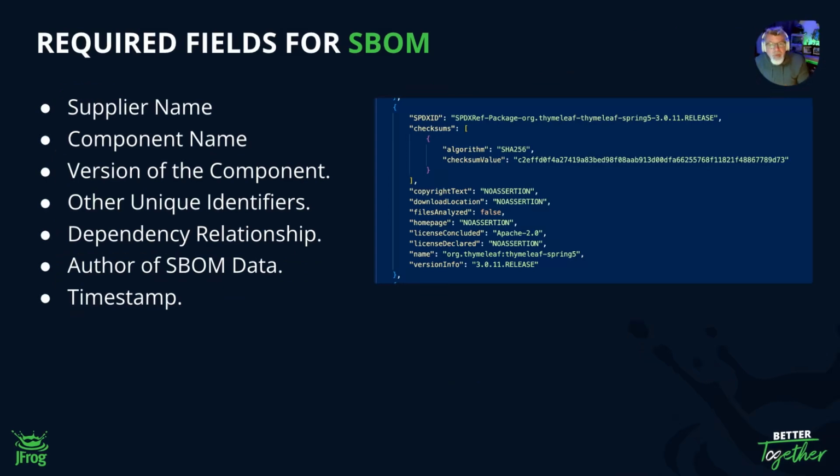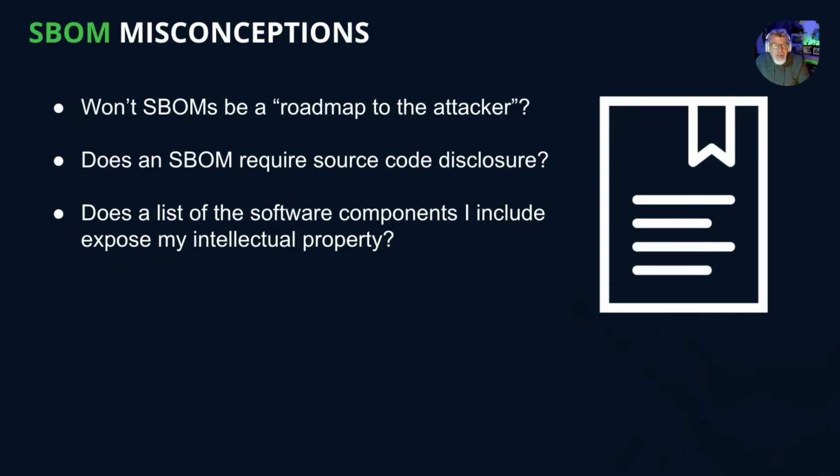There are a number of required fields in these formats, such as the supplier name, the component name, the version of the component, other unique identifiers associated with that component, dependency relationships, which is more aligned to the CycloneDX format, the author of the SBOM data, and of course, a timestamp of when it was created.